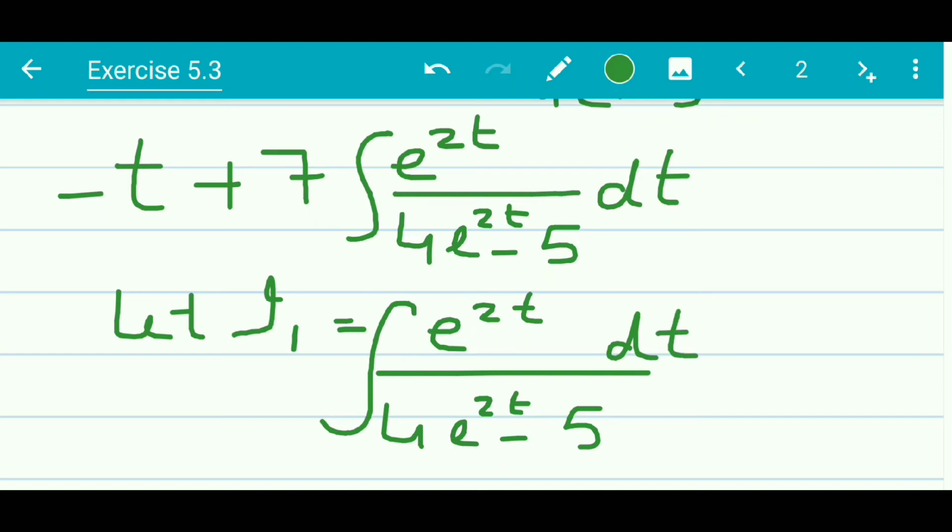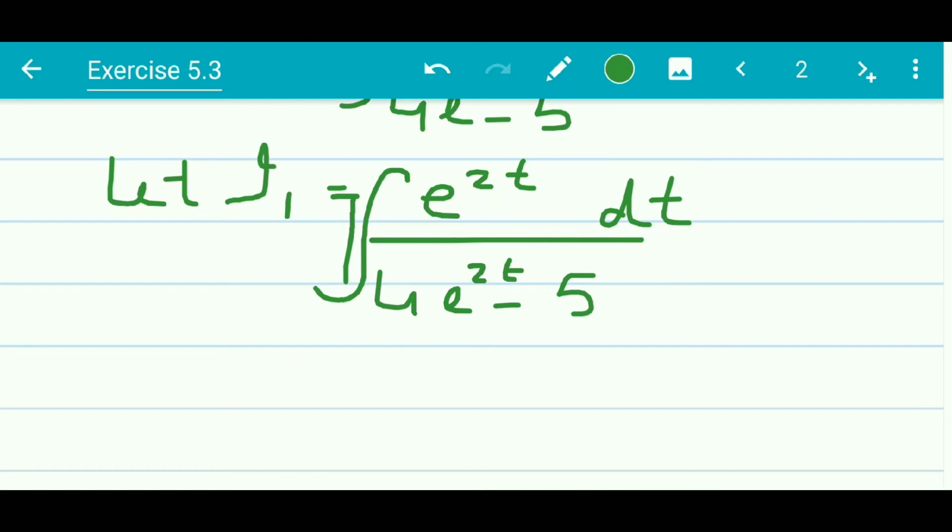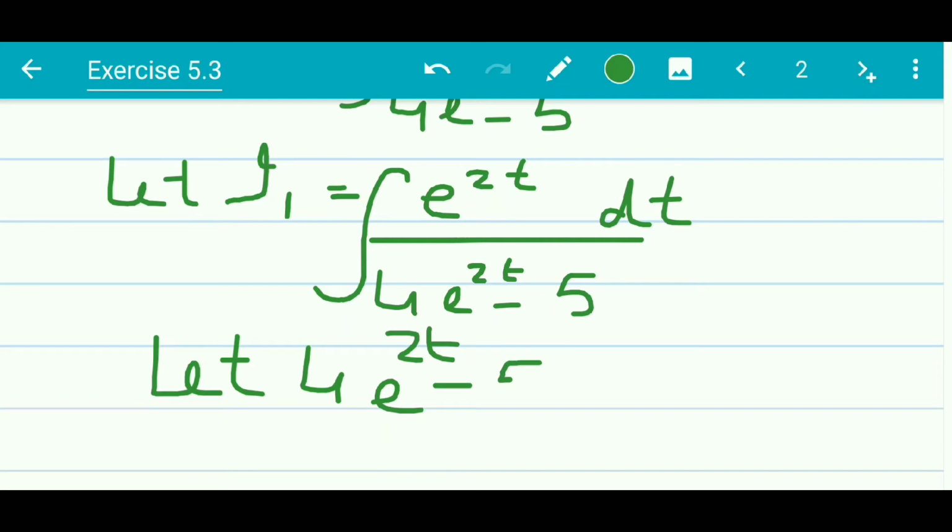Now, if you remember the substitution method that we did in the previous lecture, we can substitute in such a way that the numerator comes out as the differential term. We substitute in such a way that the numerator comes out as a substituted value. So let the denominator 4 e raised to twice of t minus 5 be equal to u.